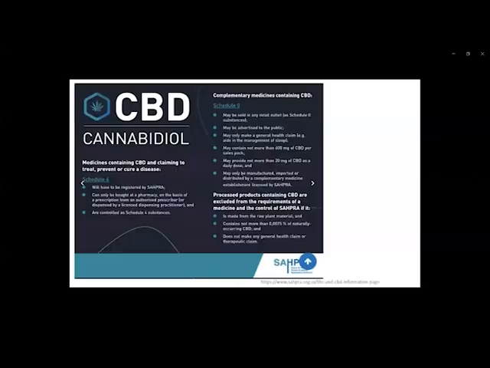Moving on, this was taken off the SAHPRA website. Please go ahead and take a look on the SAHPRA website and familiarize yourself. This is the scheduling status for CBD. CBD is Schedule 0 if it complies with regulation, points 1, 2, 3, 4 under Schedule 0. It may not contain more than 600 milligrams of CBD per sales pack. Anything more than that becomes a Schedule 4.